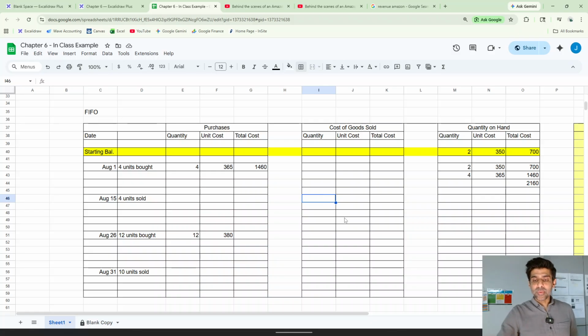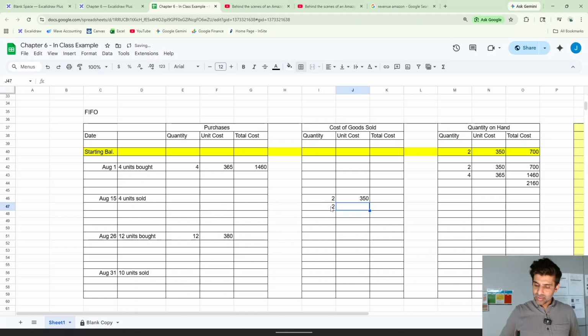First in, first out: we're going to start with the oldest units, this oldest layer. We're going to take as many units as we can out of this. We have 4 total that we sold. This layer only has 2, but we're going to take all of them and cost those first. So 2 at 350. And however many more units we need, we're going to take from the next oldest layer. So we're going to take 2 more from here. 2 at 365.